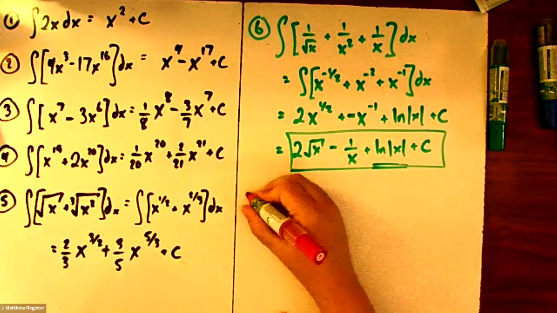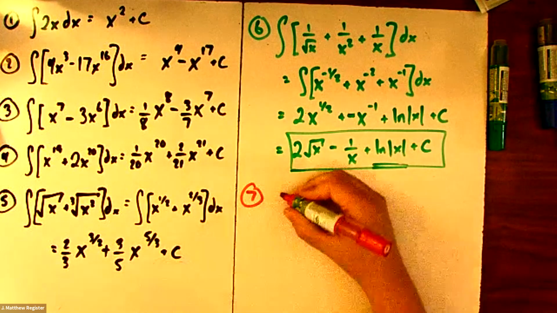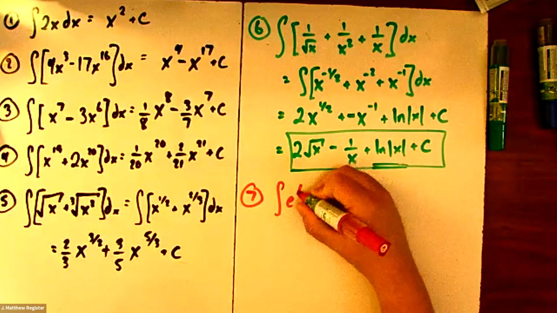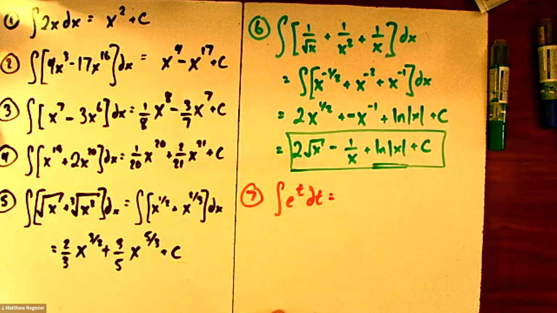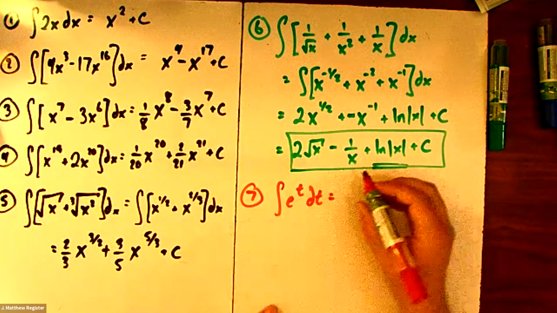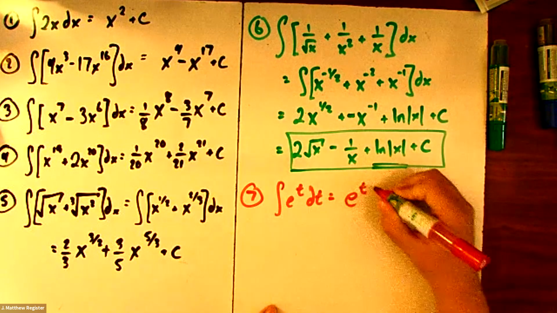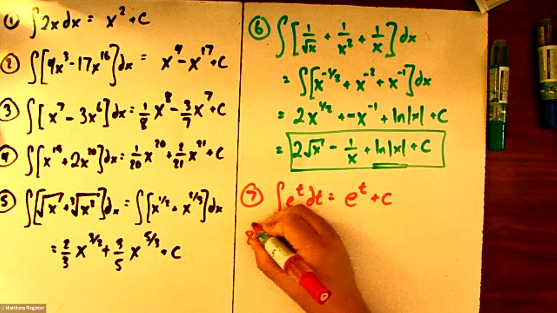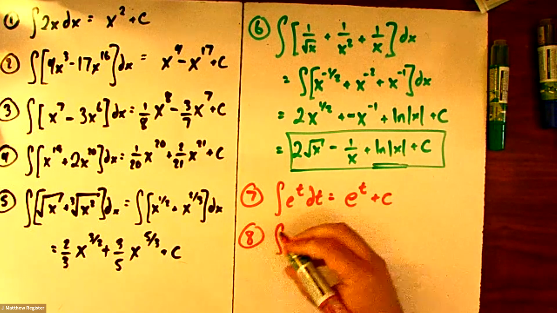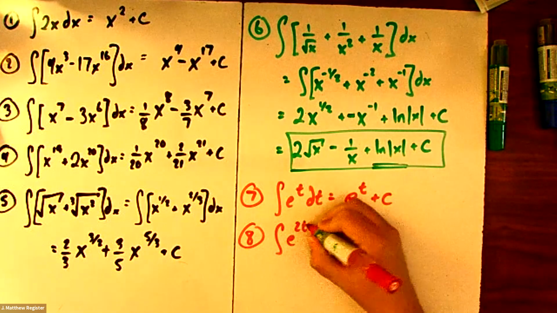Number 7. Integral of e to the t. What function has a derivative which is e to the t? And it's just e to the t plus c. For 8, e to the 2t.